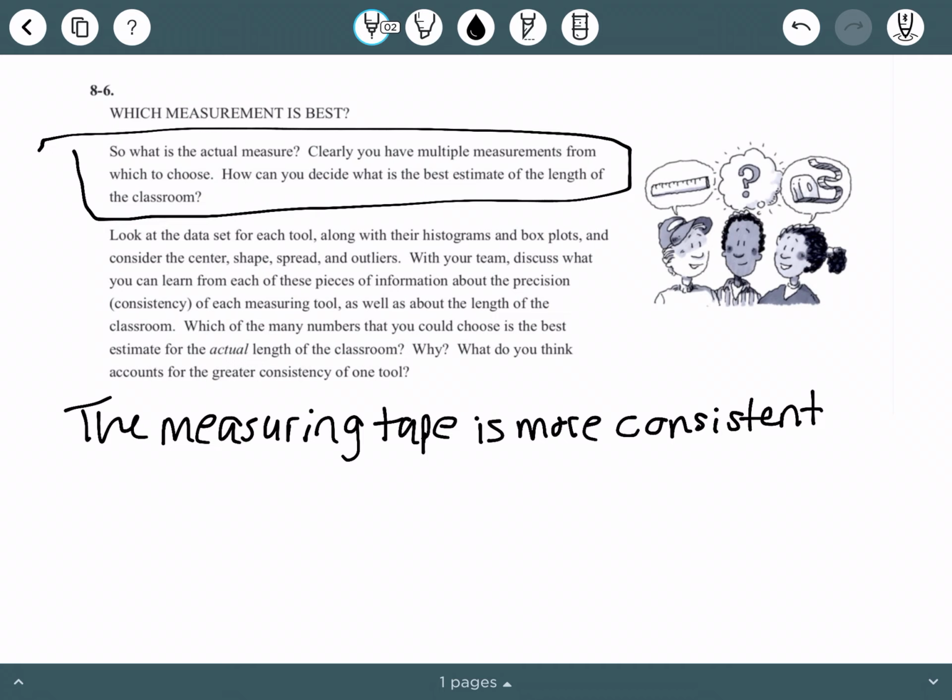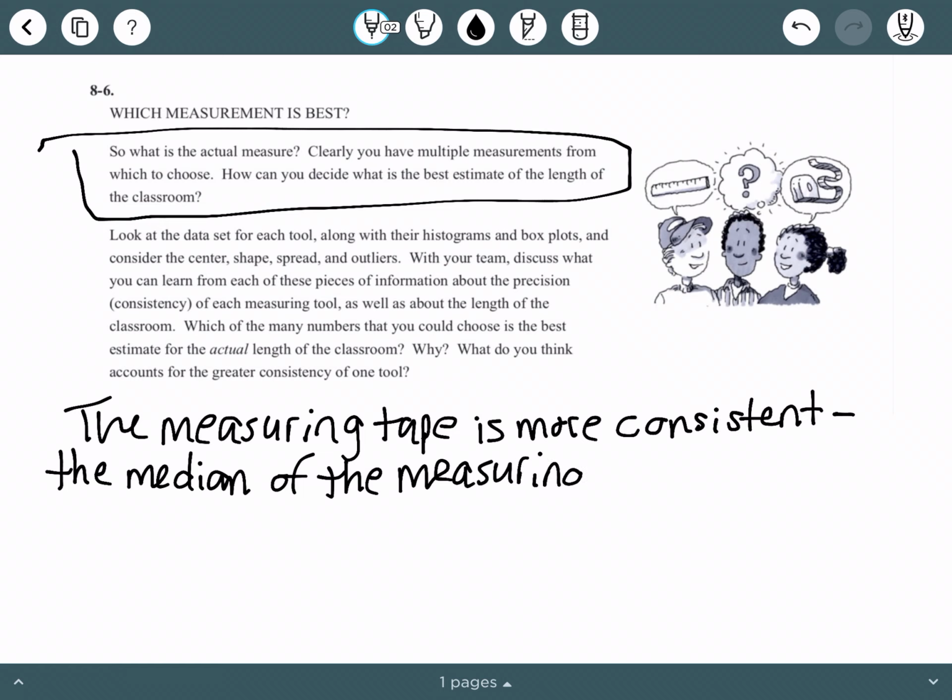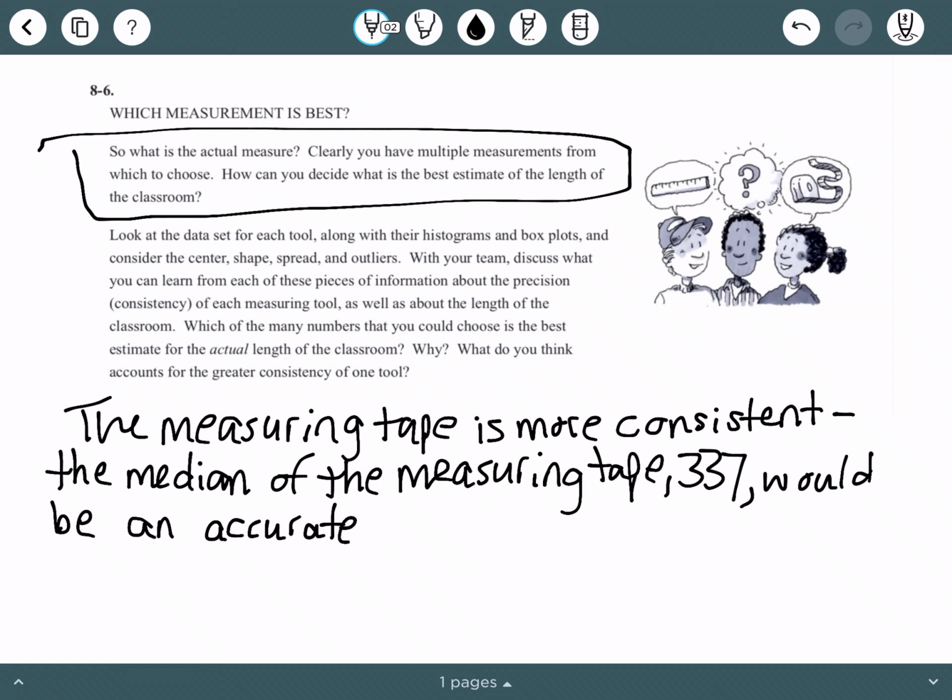So since the measuring tape is more consistent, the median of the measuring tape, and that median of the measuring tape was 337, would be an accurate, or the most accurate, estimate of measure.